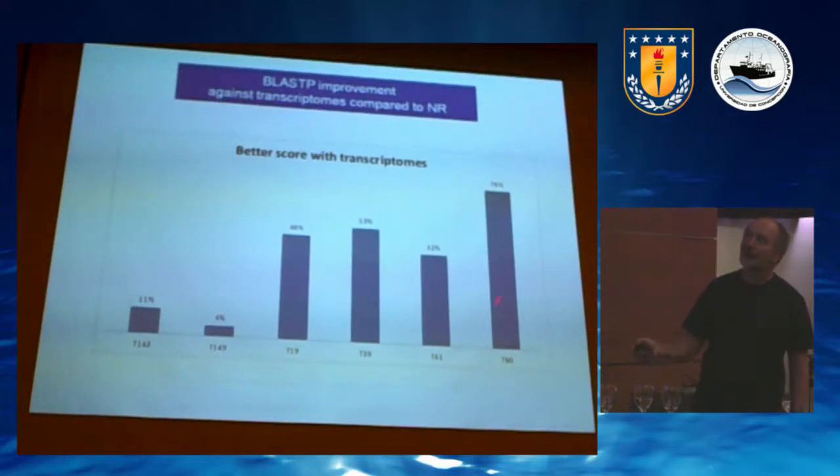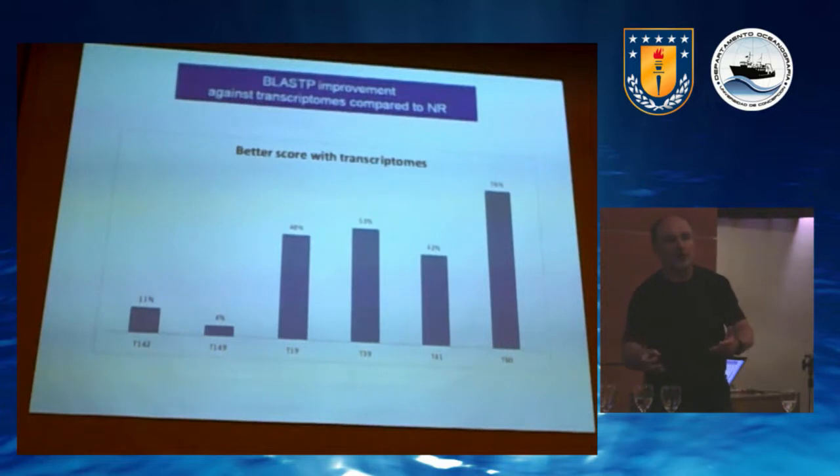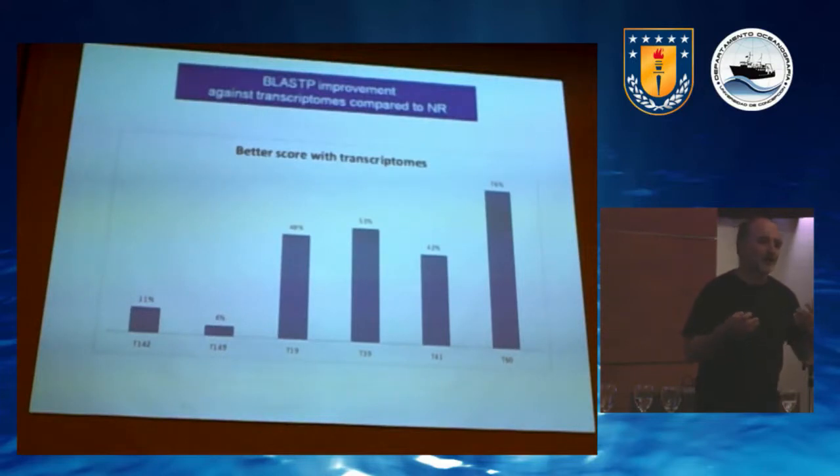But if we add the transcriptomes, we find that for most of the reads we get much better results, because we include things that are not in GenBank that are related to our oceanic bugs.